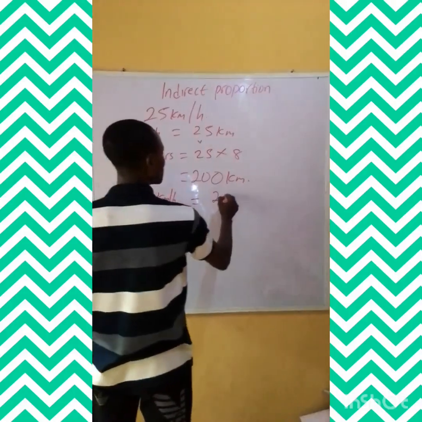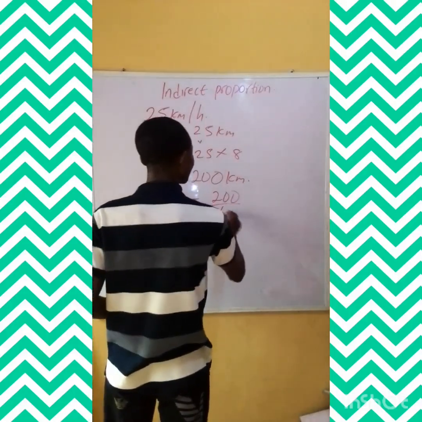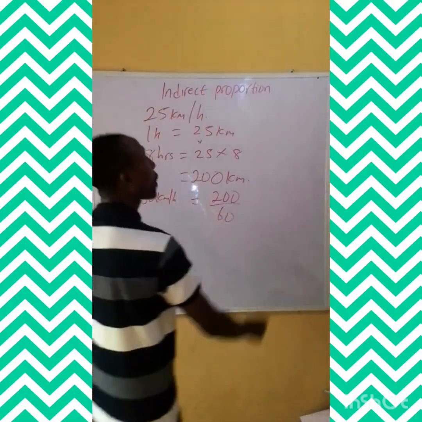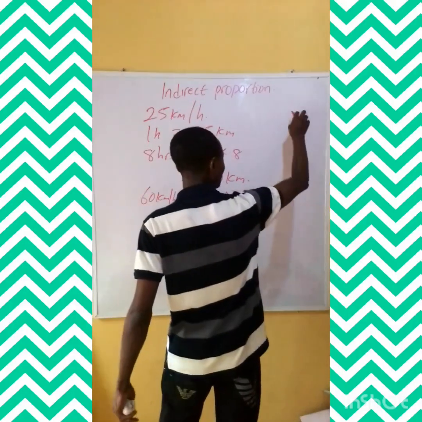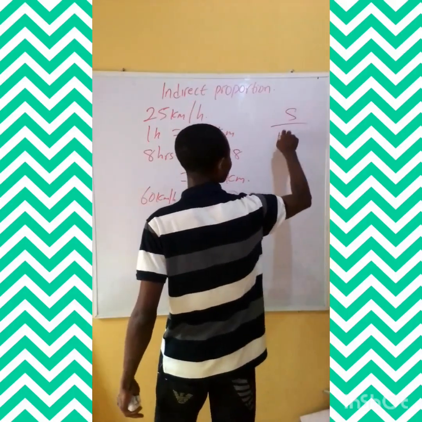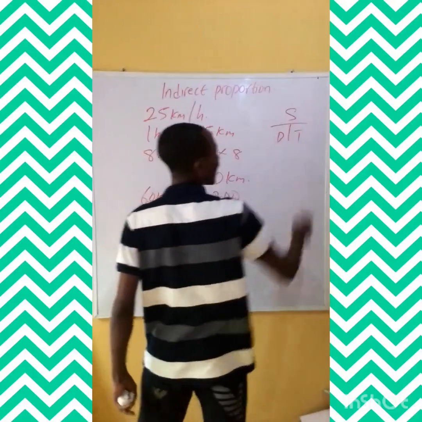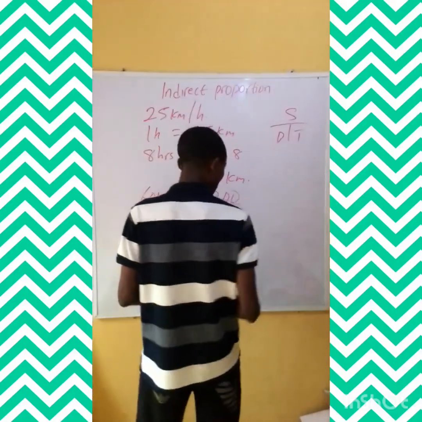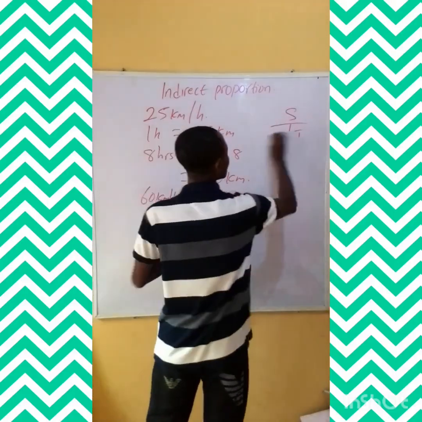It will be simply 200 over 60. Remember your words: speed, distance, and time. Don't forget that.